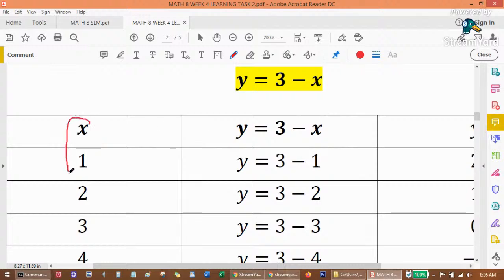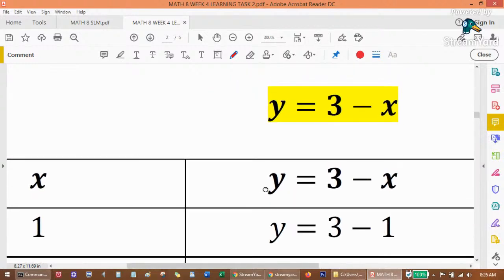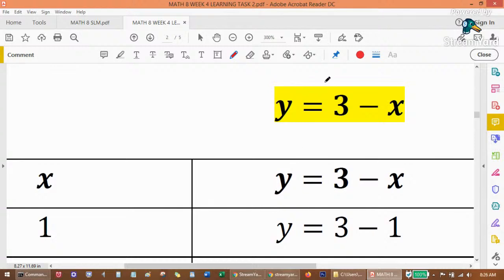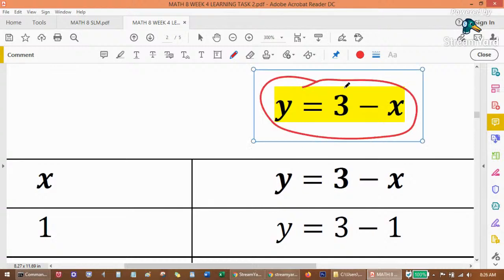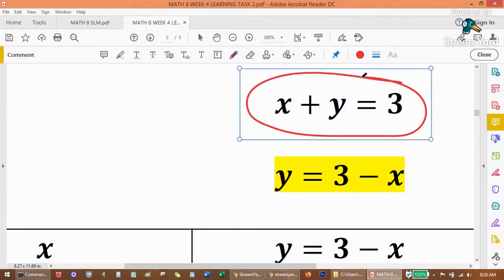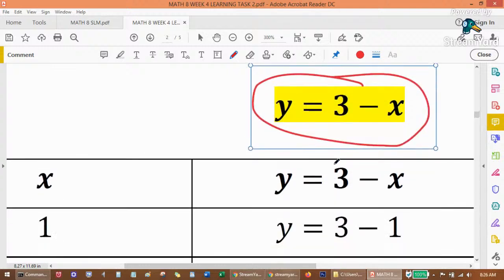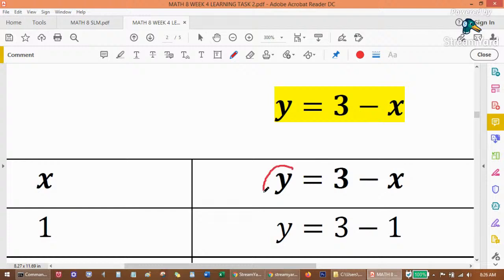So kapag ang x is 1, kapag yung x ginawa mong 1, sinusundan lang natin 'to, because ito yung linear equation natin. Susulat natin dito para madaling makuha yung y.